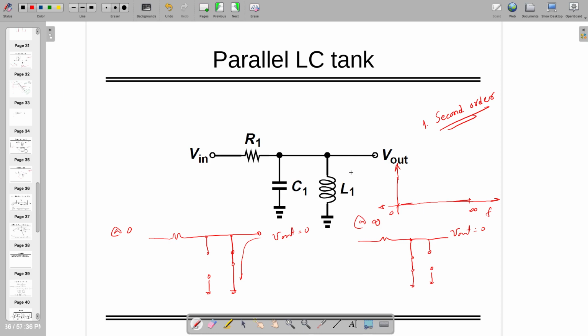In between, there might be the case that both will be off. There will be one possibility that both will be off. Then you will see V out equal to V in.